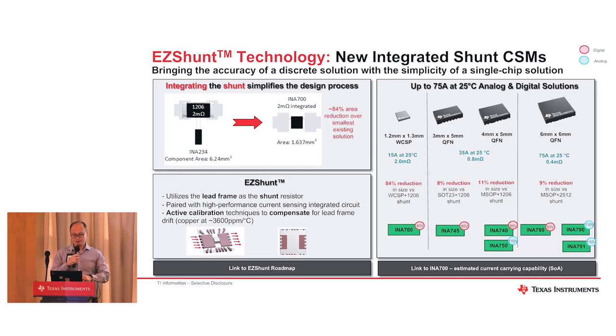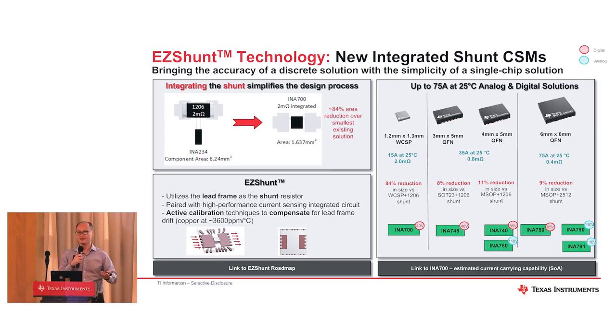Now switching to lower current ratings, our current sensors use EZShunt technology. Normally when you do a current sensor, we have a very nice IC chip from TI, the INA234, very small, 6.24 millimeter. Sorry, it's smaller than that, but a very small IC. But then you have to put a 1206, 2 milliohm resistor.